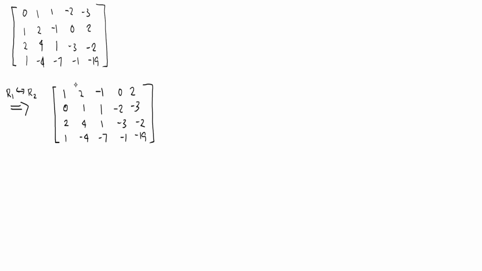Then our next target is that the entries below this leading one should be 0. So to produce a new third row, we will multiply the first row by negative 2, and then add this to the third row.